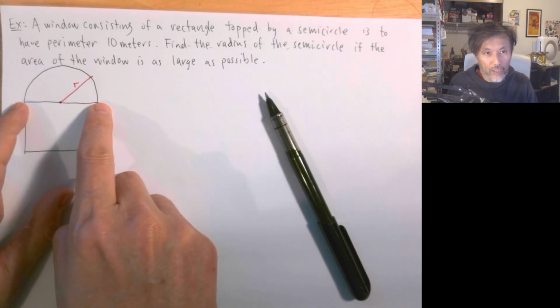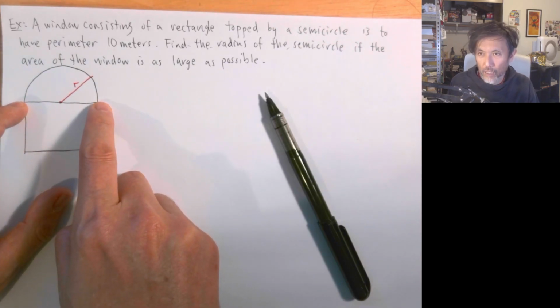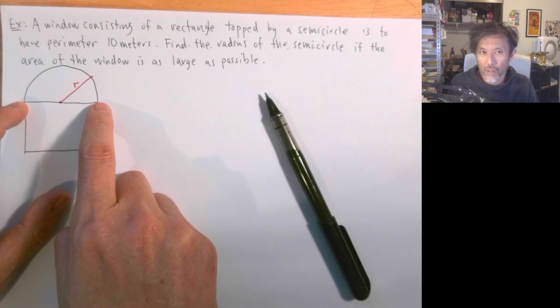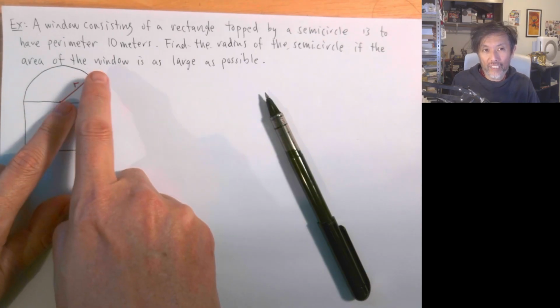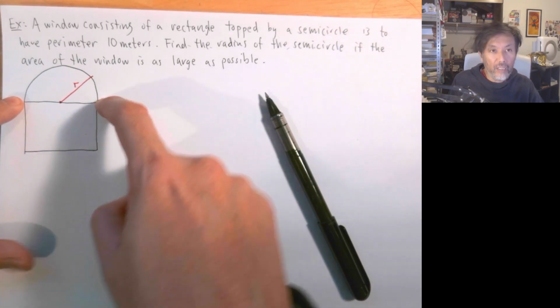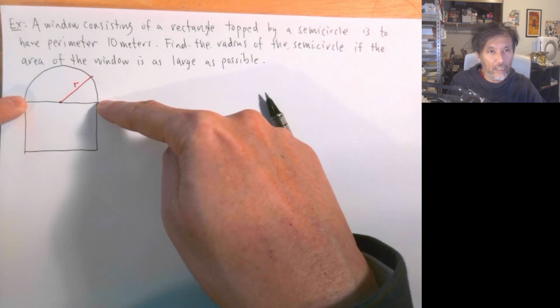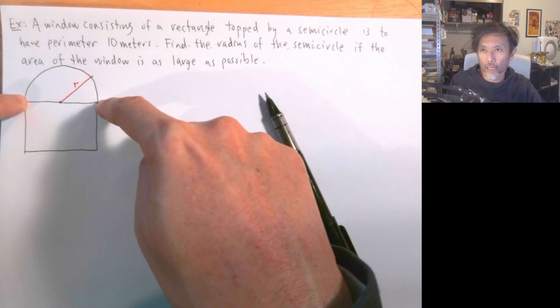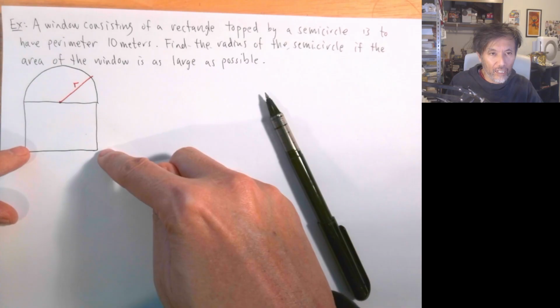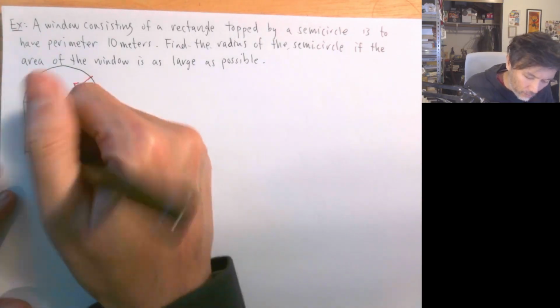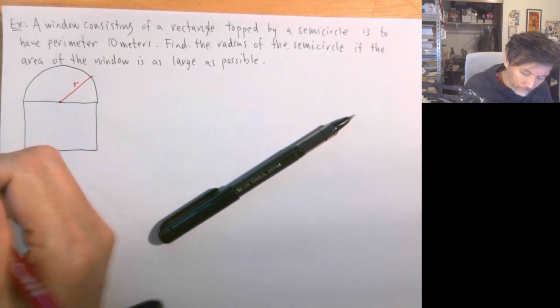The top leg of this rectangle is a diameter of the semicircle, and the diameter is twice the radius. So this length between my fingers is 2r. Therefore, the distance down here is also 2r. Maybe I'll record that fact.